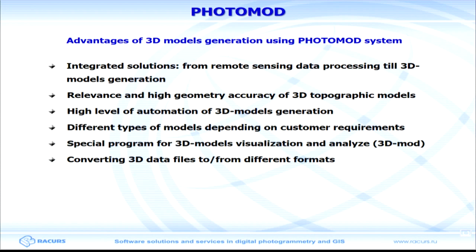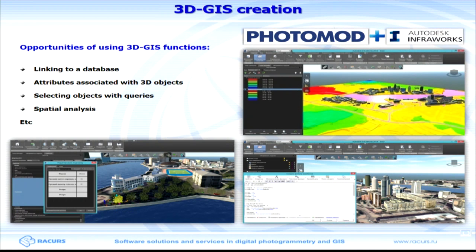In this regard, we are unique, I would say, or singular. This is the only solution that comes from one vendor and covering different directions. Since we are the sole vendor, we also have 3D model visualization and converting that data into various formats.